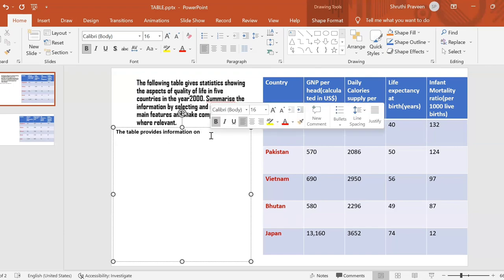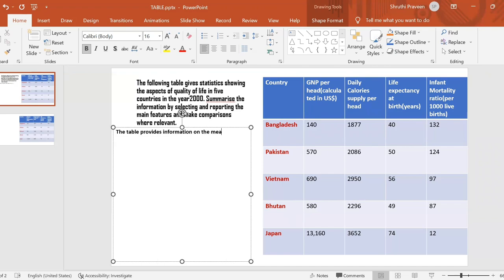Maybe I can write the measurables because these things are measured. Measurables of the quality of life, maybe standard of life or standard of living. Quality of life can be paraphrased as standard of living in 5, of course, you can't change. 5 Asian nations in 2000.